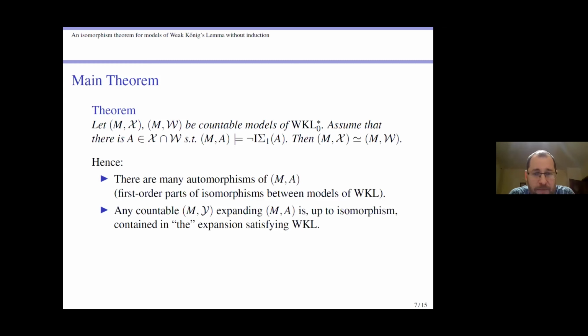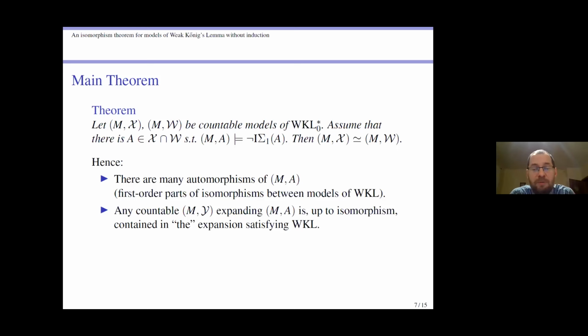And secondly, whatever you do to expand a model of RCA0* plus not IΣ1 lives within a model of weak Kőnig's lemma, because you could use Smith-Simpson to expand it to a model of weak Kőnig's lemma. And it lives in a model of weak Kőnig's lemma, but all of these guys are isomorphic.